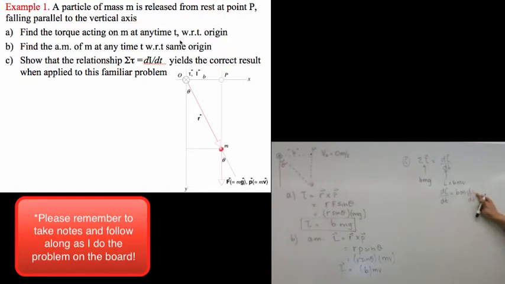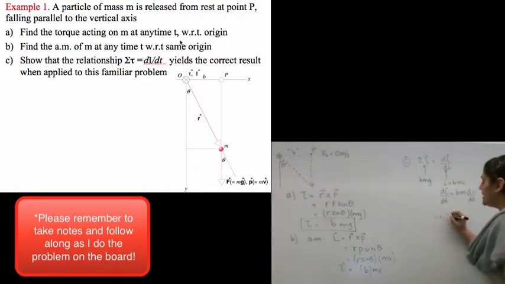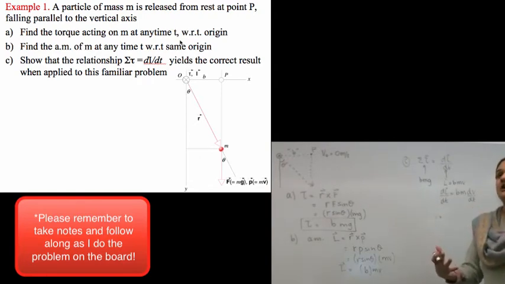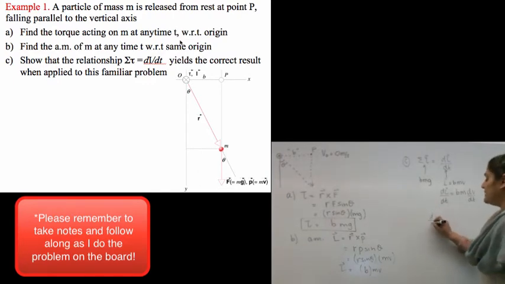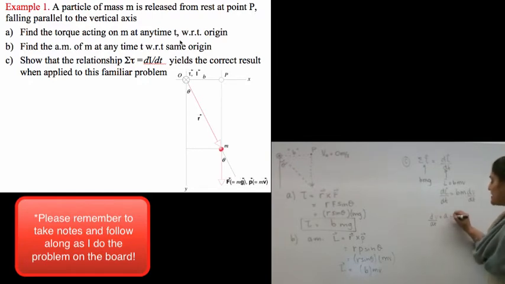Now, what is this v? In this case, I don't know, but I do know v is the rate of change of displacement, and dv over dt equals acceleration. So for our case, this acceleration is going to be only g. So dv could also be written as g dt.